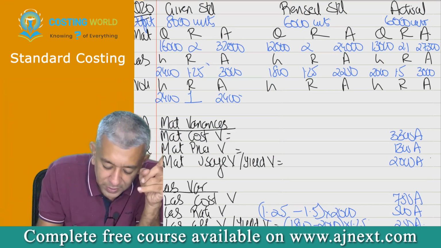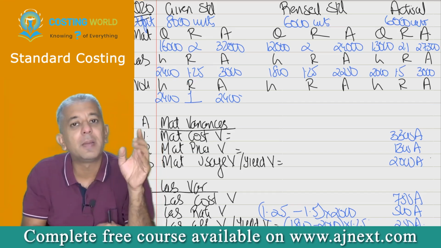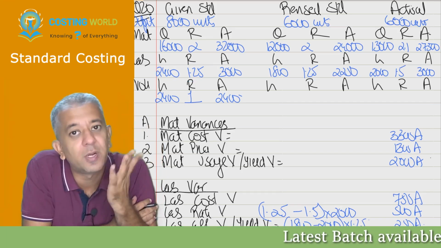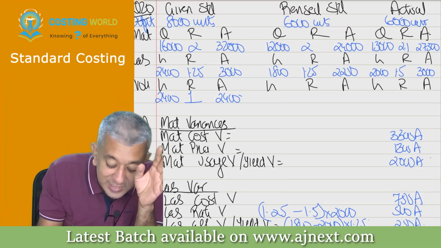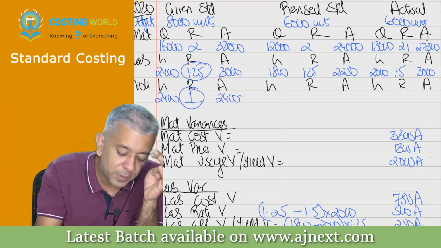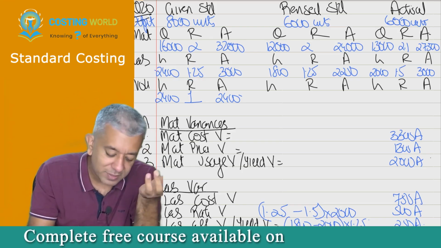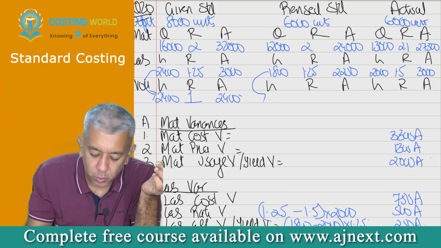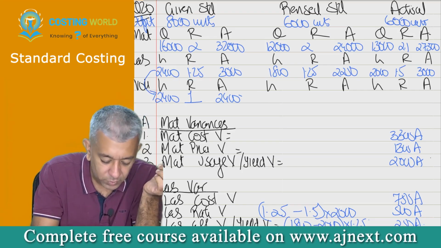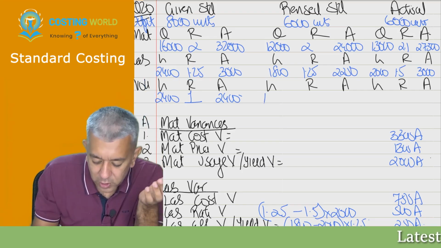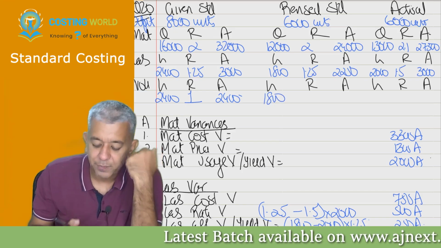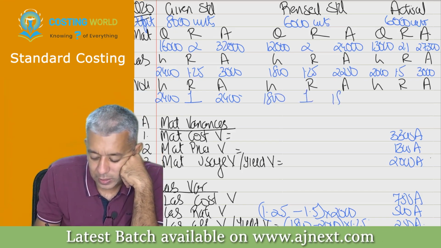Please do remember, this 1.25 is nothing but the wage rate. It is labor cost here. This 1 rupee is nothing but the electricity rate per hour. Now, if you are copying these hours, you are also copying these hours, no? If you cross multiply, you will get the same answer. 1800 at the rate of 1, 1800.